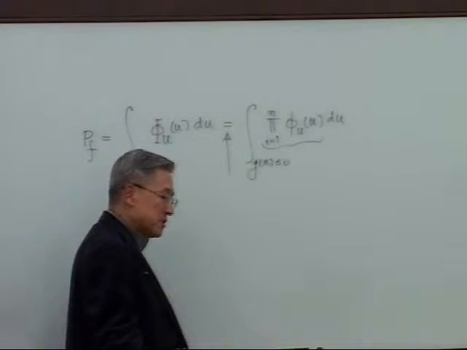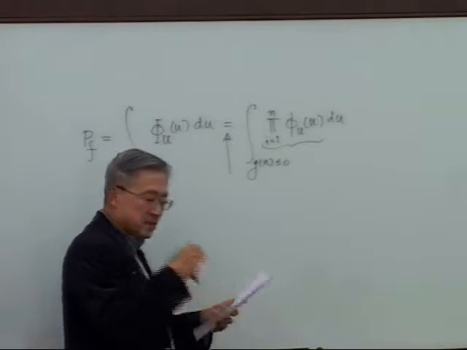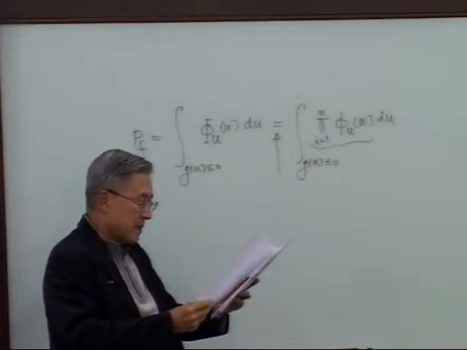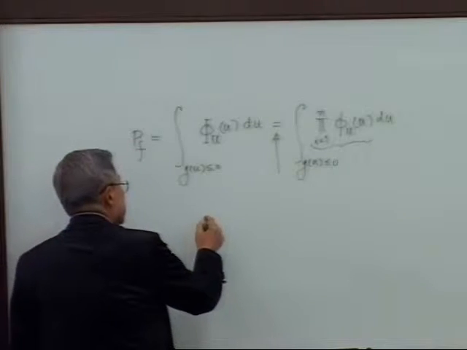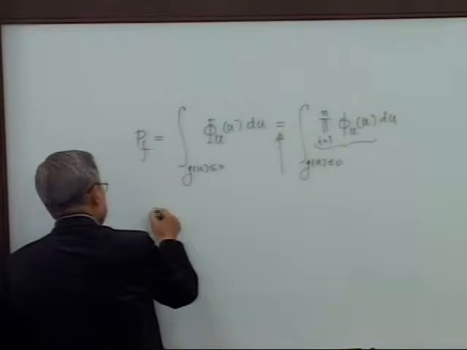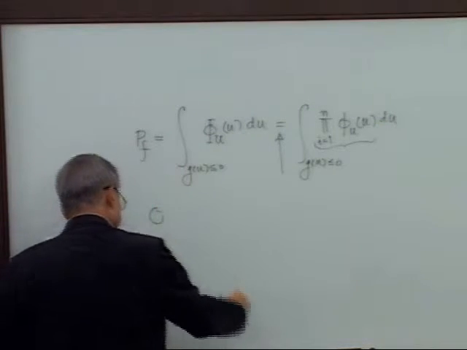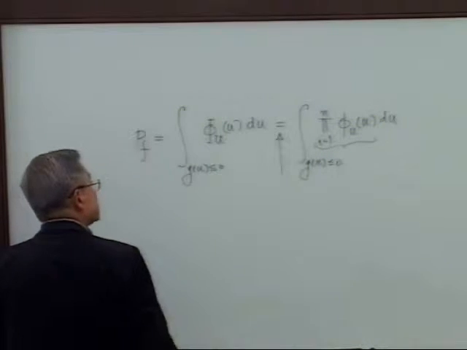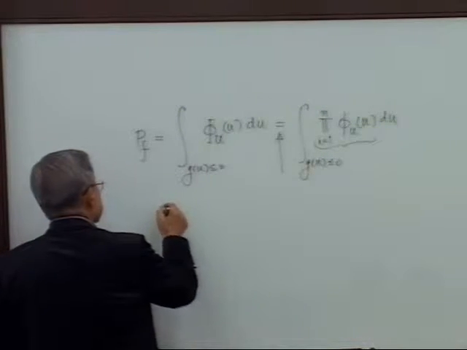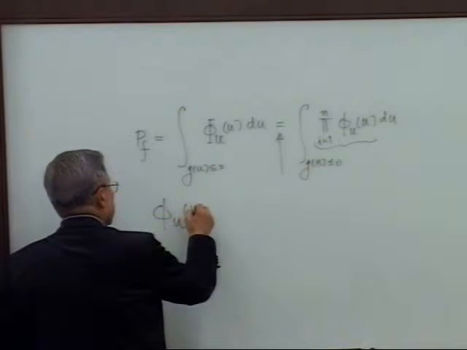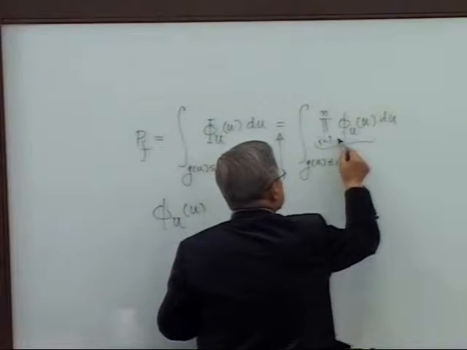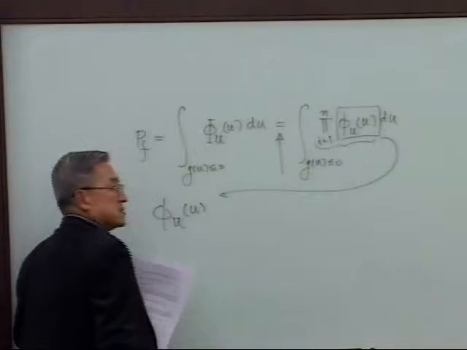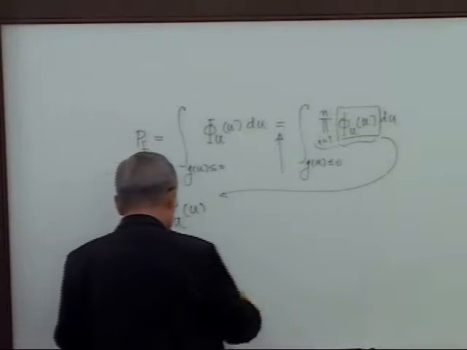The events are exclusive of each other, which is what we assumed here. And here, the phi U, just this portion, that portion, I'm going to rewrite over here. Others are simply carried over all the way through.